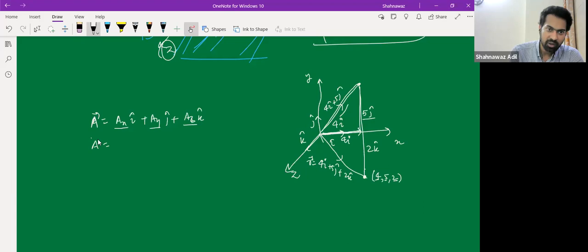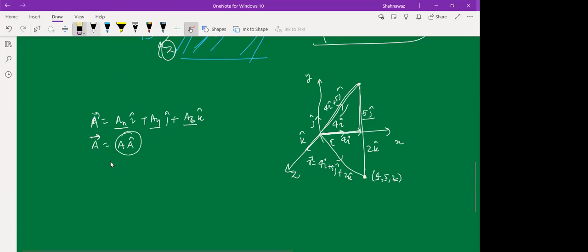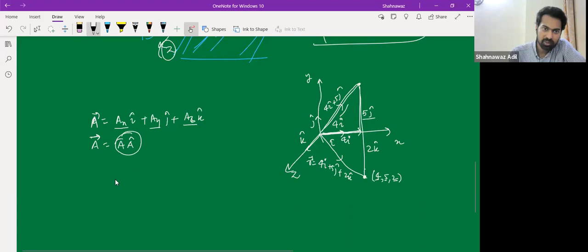So I can write any vector in the form of the x component, y component, and z component, right? And a vector has how many parts? Yes, a vector has 2 parts, and that is the magnitude and the direction. So this part is the magnitude part, and this part is the direction part.